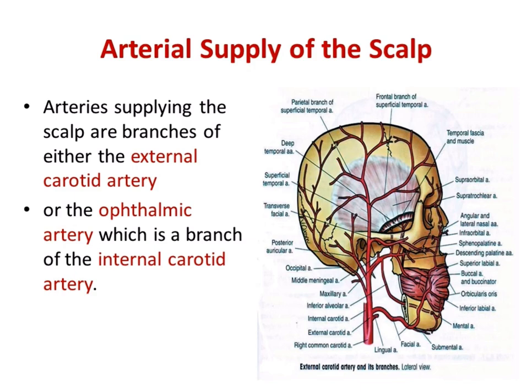Only the ophthalmic artery, which is a branch of the internal carotid artery, shares in supplying the scalp, while the main blood supply is through the external carotid artery.